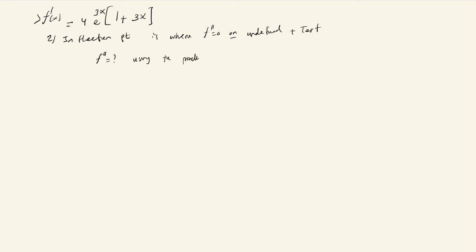So first we need to take the derivative of the first derivative, which is the second derivative. To do that, we're gonna use the product rule. So remember, f prime of x is 4e to the 3x multiplied by 1 plus 3x. I'm gonna take the first term and assign it to k, and the second term I'm gonna assign to h.